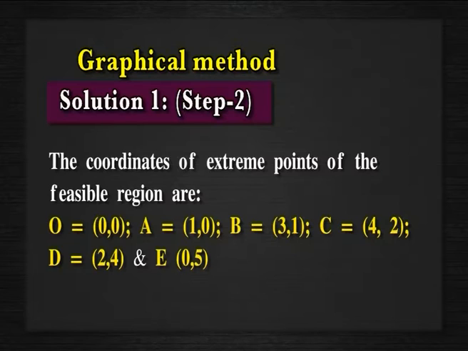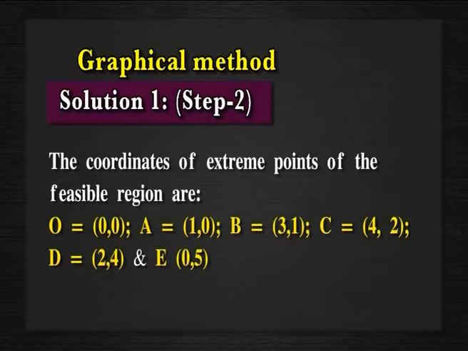The coordinates of the extreme points of the feasible region are O = (0, 0), A = (1, 0), B = (3, 1), C = (4, 2), D = (2, 4) and E = (0, 5).